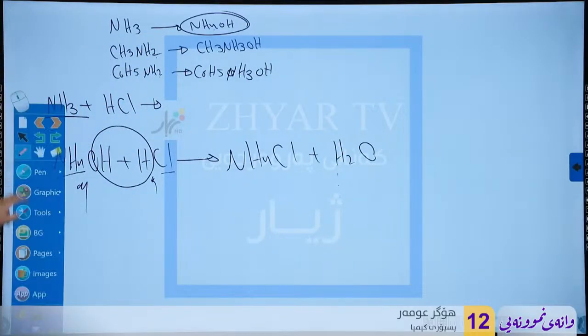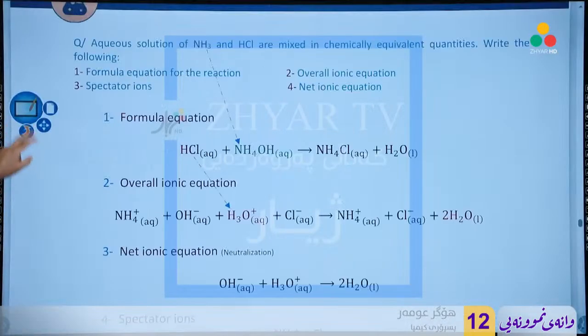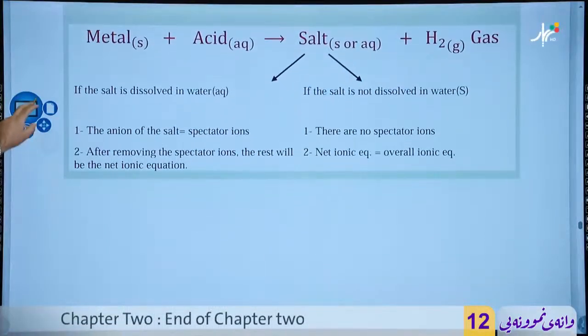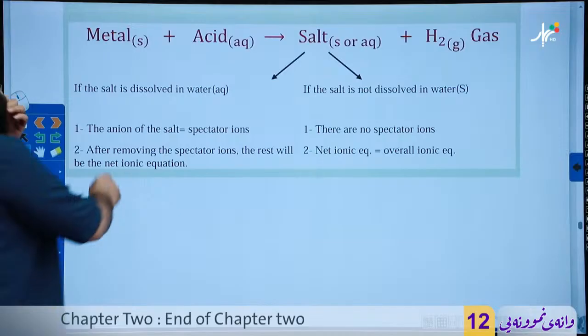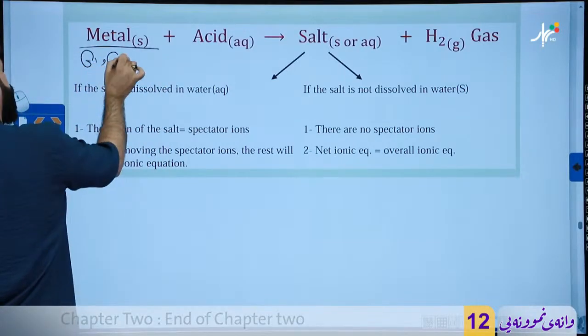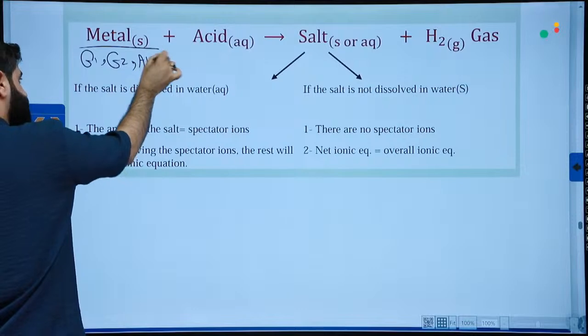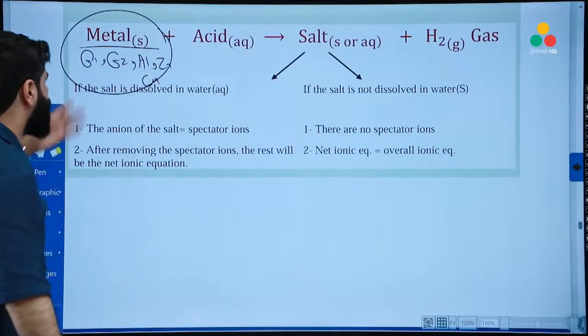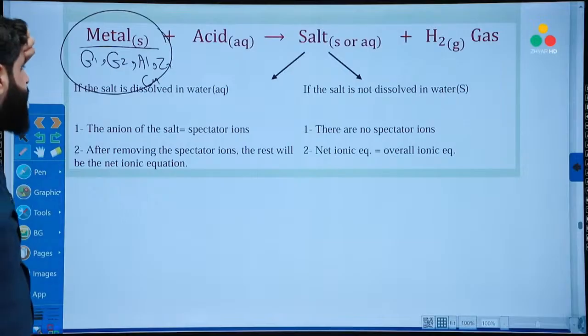Good. Now there's another type of reaction, a reaction between an acid and an active metal. Active metals mainly are group 1 or group 2, aluminum, Zn, and copper. Okay, and we have some other elements, but in the book, mainly we have the following elements.